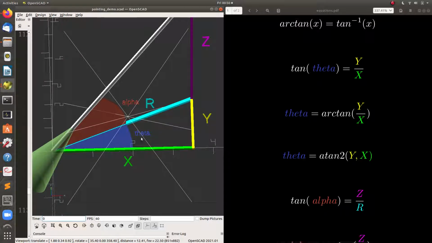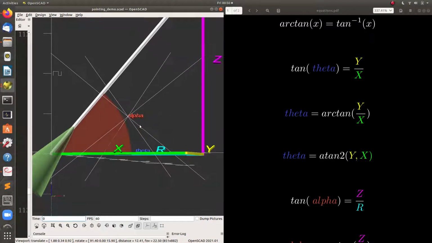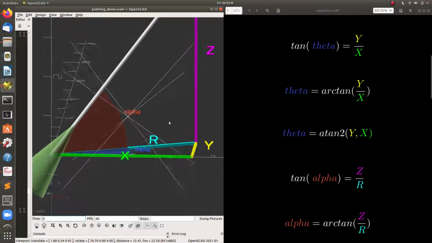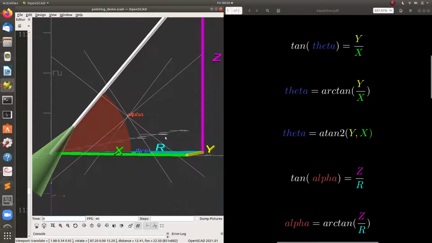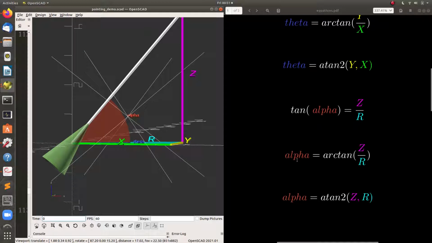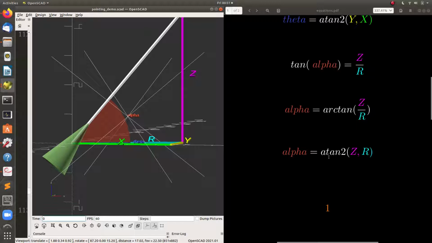And so now for alpha, this angle up here, the vertical angle, we know that the tangent of alpha will be equal to z over r, because that's how the tangent is defined, opposite over adjacent. And again, we can take the inverse and say alpha is equal to arctan z over r, and again, we switch that to atan2, or arctangent 2.